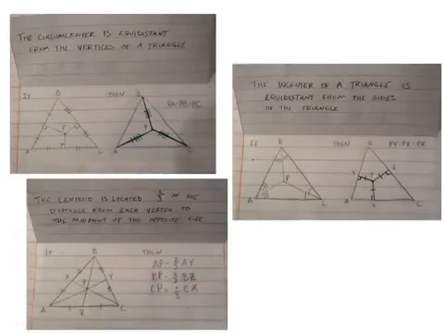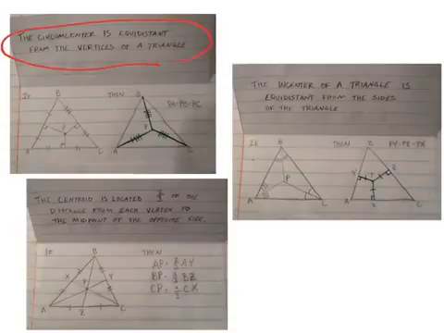Up here we have the circumcenter theorem, which says that the circumcenter is equidistant from the vertices of a triangle. So once we have constructed the circumcenter by finding the perpendicular bisector of each side, we find that the circumcenter is an equal distance to each of the three vertices, which means that if PA were 10 inches, then PB would be 10 inches and PC would be 10 inches.